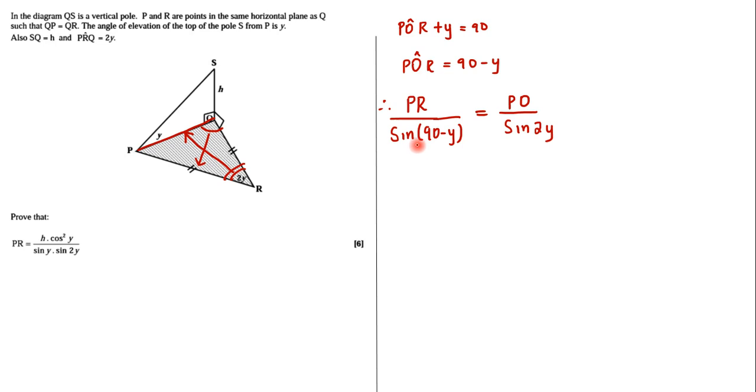All right. Now cross multiplying this gives us PR equals PO multiplied by sine of 90 minus y, and then over sine 2y. Now let's see what PO is.